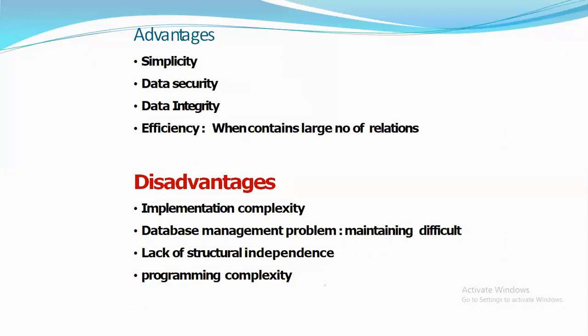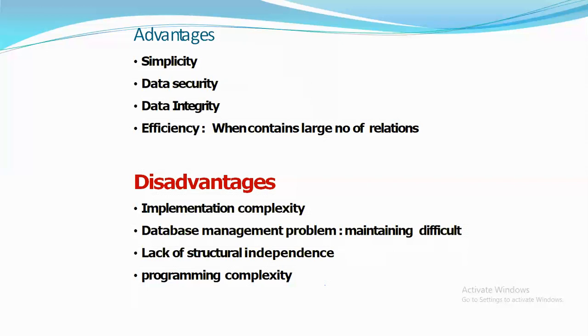Very simple. Compared to the advantages, there are so many disadvantages. That's why this model cannot be used at present. The first disadvantage is that implementation is very complex. We know that a tree structure is very difficult to implement. It is a general tree, not a binary tree. In a binary tree, we go for two children, left and right.